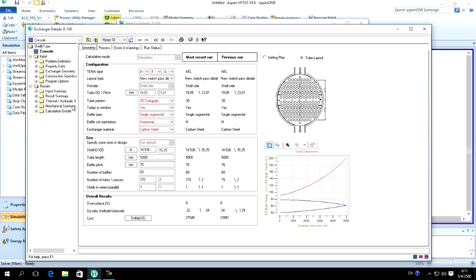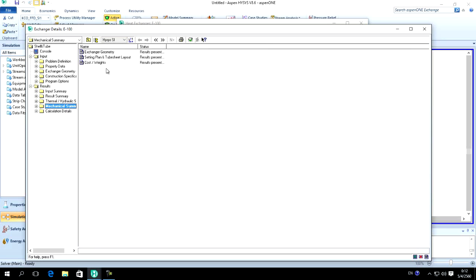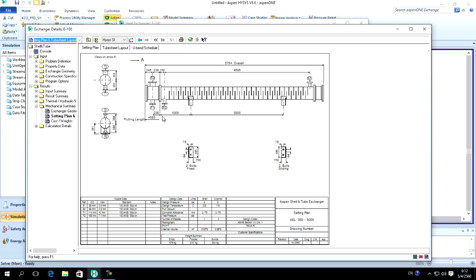Let's see what I have in the layout. So it seems to be one shell and 2 tube passes.